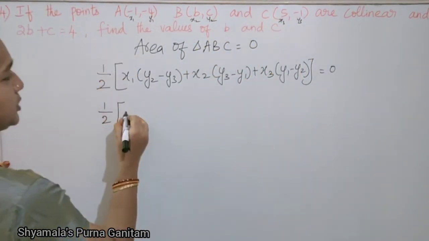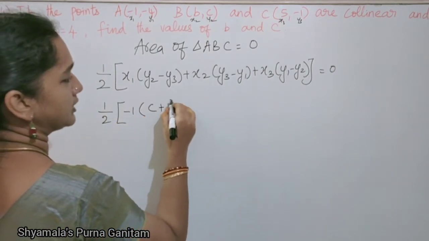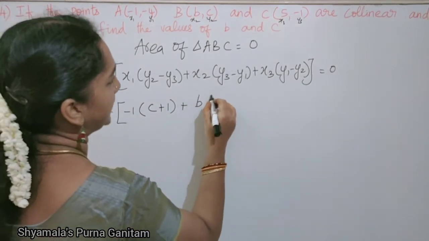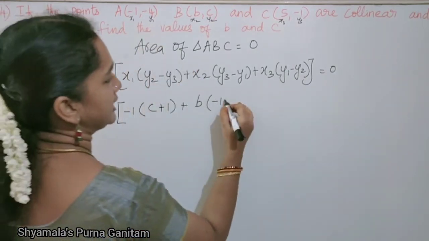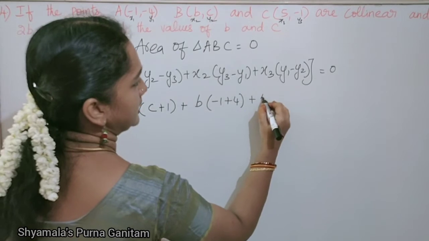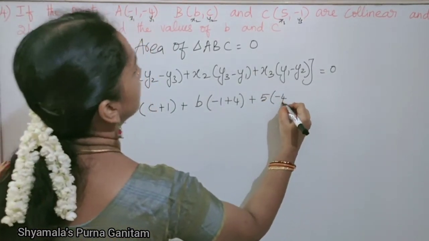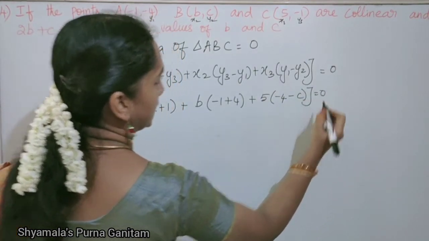So x1 is minus 1, y2 minus y3, so minus of minus is plus 1, plus x2 is b, y3 is minus 1 and y1 is minus 4, so we'll get plus 4 here. Plus x3 is 5, y1 is minus 4, y2 is c, minus c. This is equal to 0.